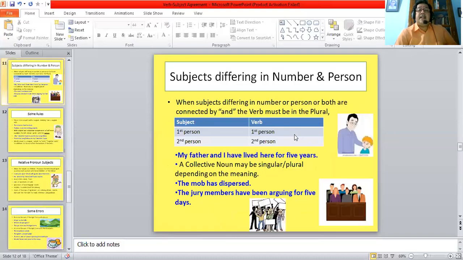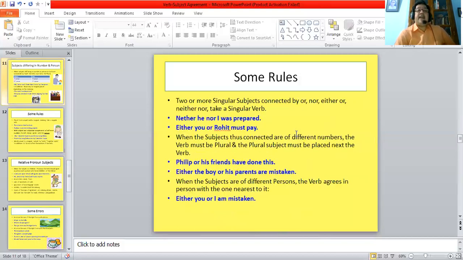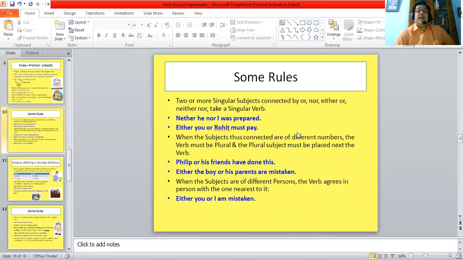Now, some more issues. We have to consider two or more singular subjects connected by or, nor, either...or, neither...nor. They will take a singular verb, like "neither he nor I was prepared," or "either you or Rohit must be."